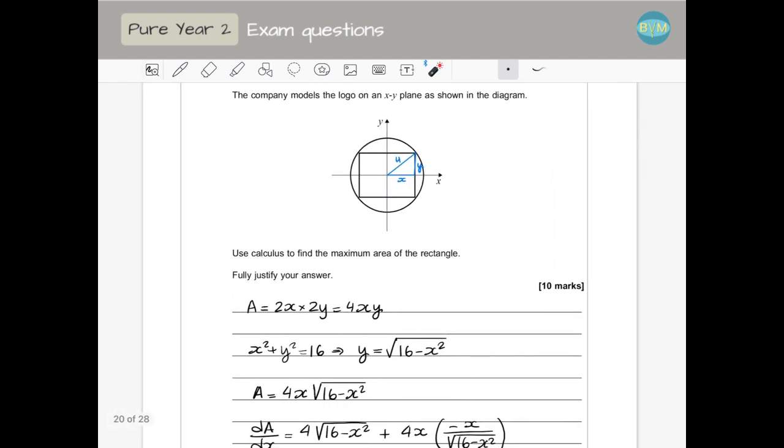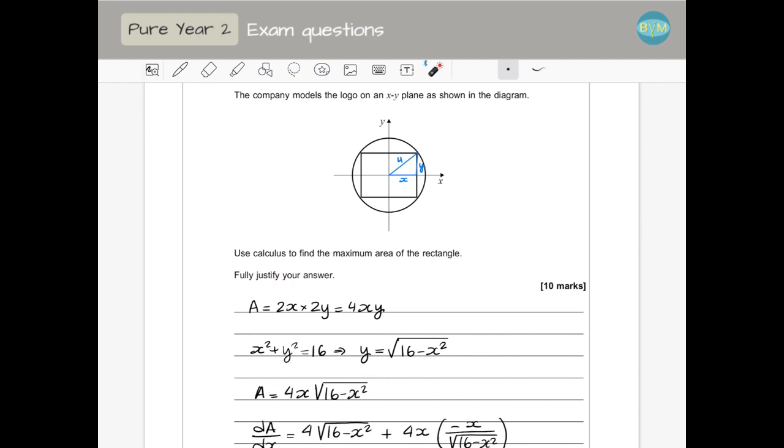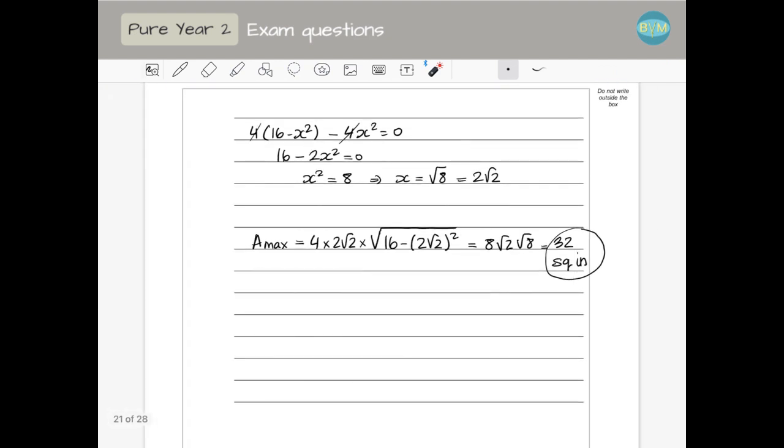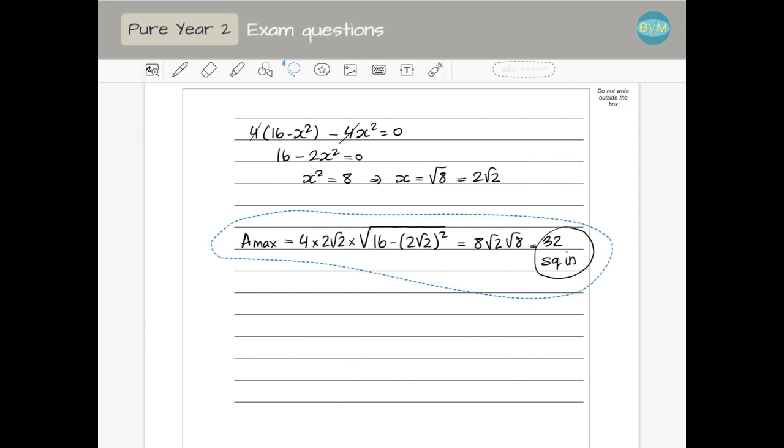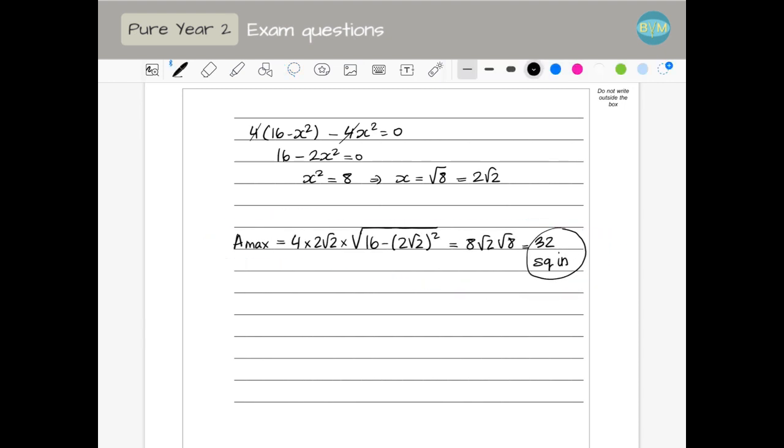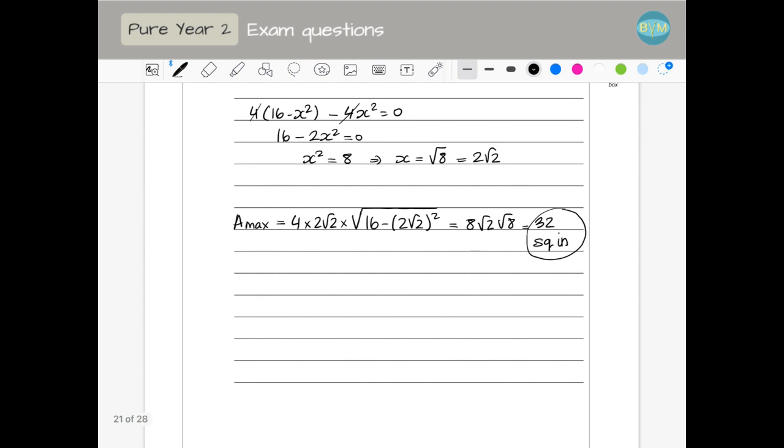But it says fully justify your answer, so we still should check that this is a maximum area, because it could be a minimum. We just know that the derivative is 0, which means it could be a minimum. So let's check that it's a maximum. For that, we could find the sign of the second derivative, and if it's smaller than 0, it will be a maximum.